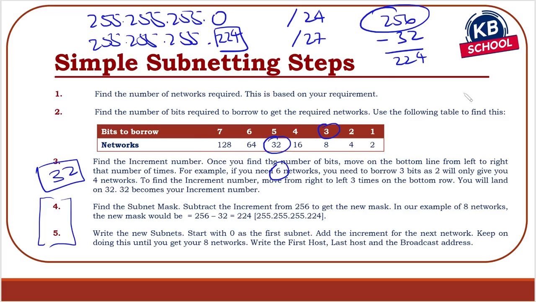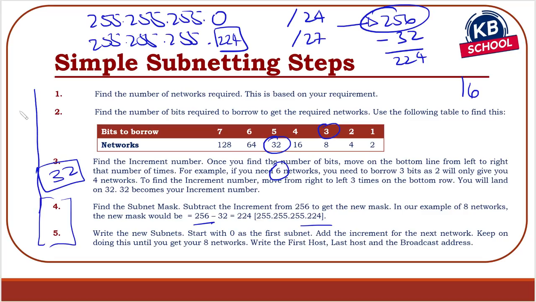So for example, if my increment was 16, my new mask would have been 240. In my case over here, though, my increment is 32. So 256 minus 32 gives me 224. This is the constant over here. Whatever your increment number is, you subtract it from 256, you get that new mask.